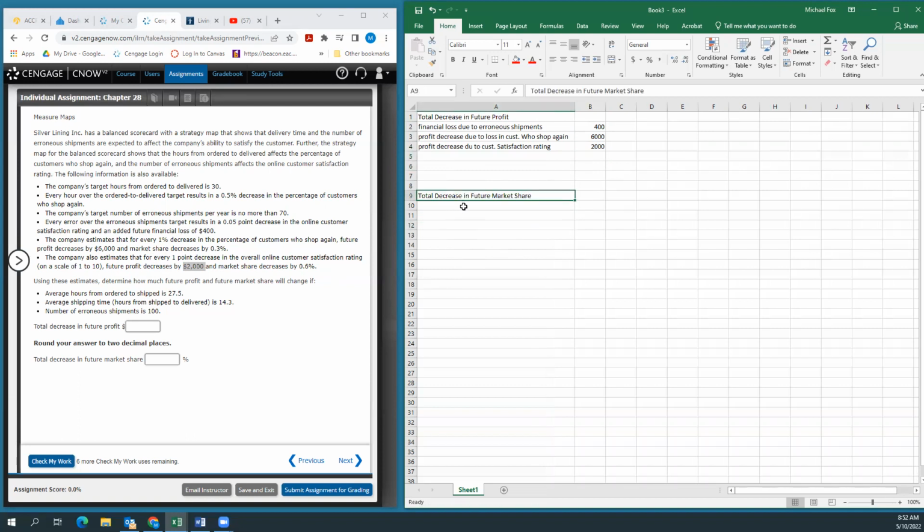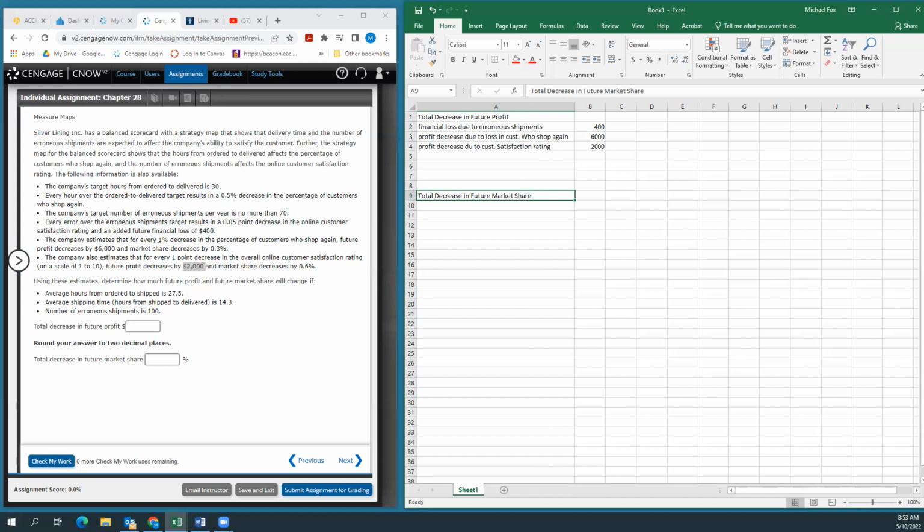All right, so now what's going to make up my total decrease in future market share? So if I look through this again, let's see. I think the first one I see is right here.